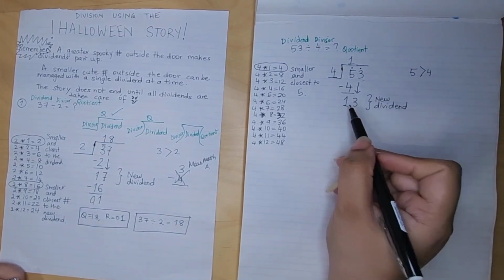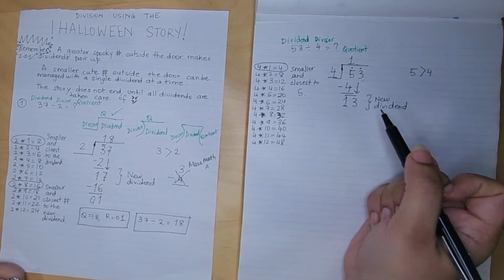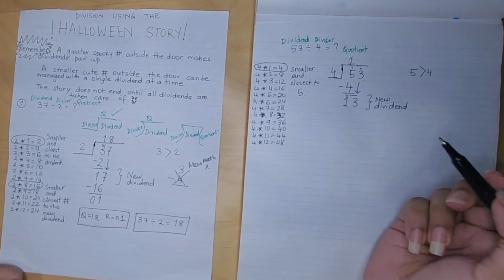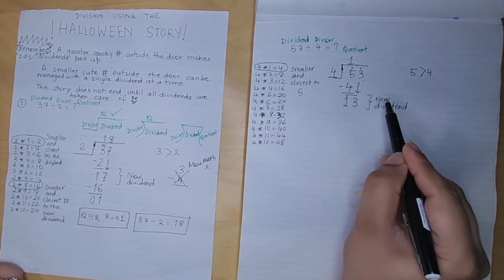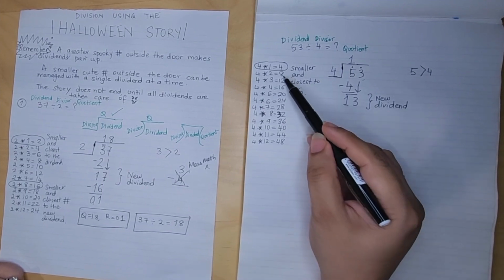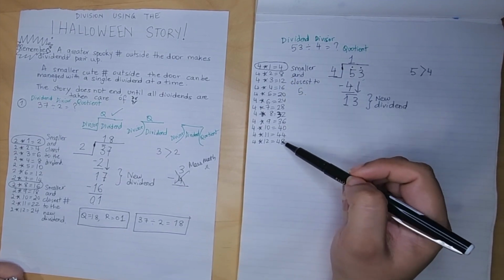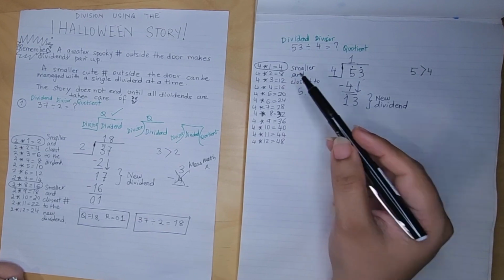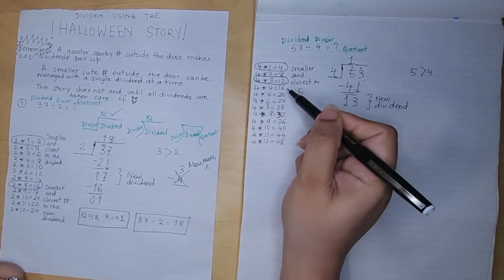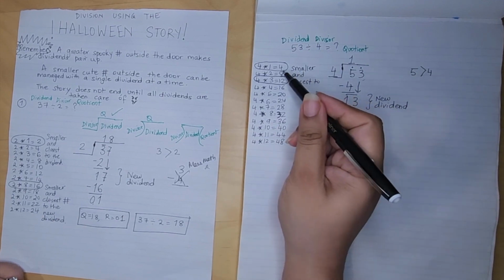So you're going to look at 13 as the number now, not 3 or separately 1. Same thing, same drill. You have to look for 13, which is a new dividend, in your 4 times tables. We don't have the exact number, but we have to go for the smaller and closest, which is 12 in this case. As you know, we cannot use 16, we cannot use 8.